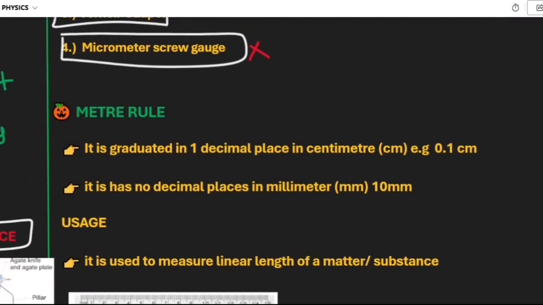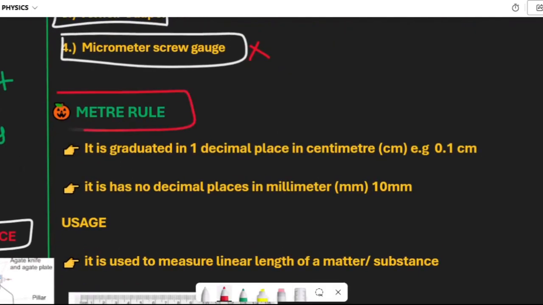Picking the very first one, which is the meter rule. The meter rule is mostly used to measure any form of linear object.